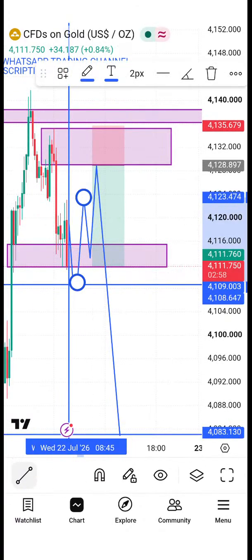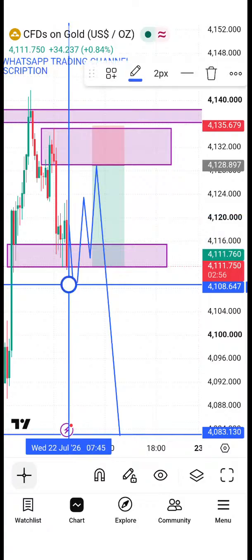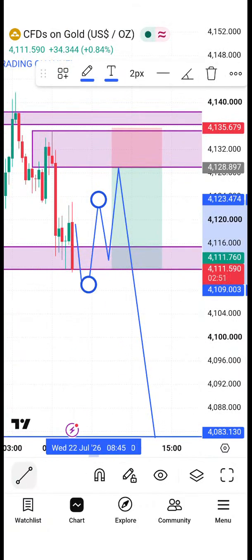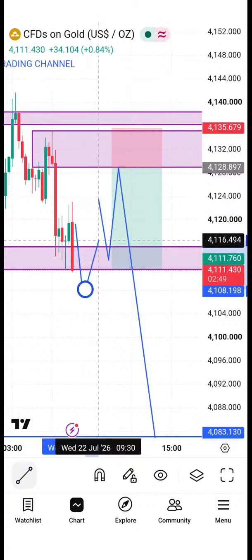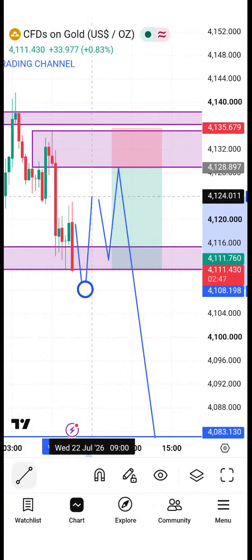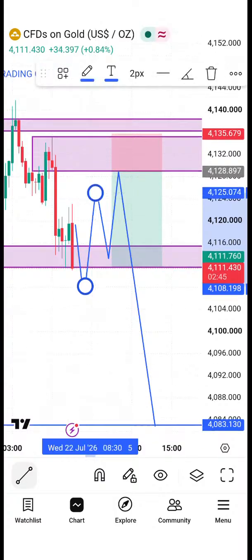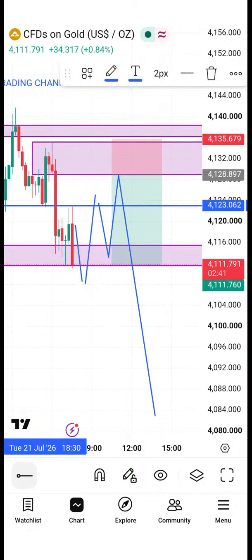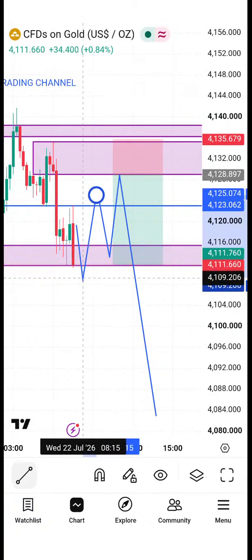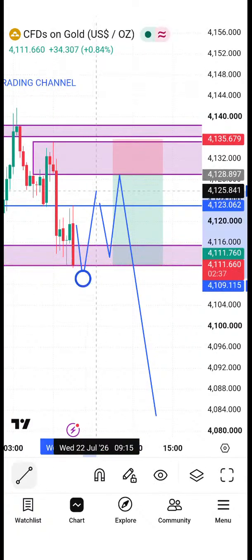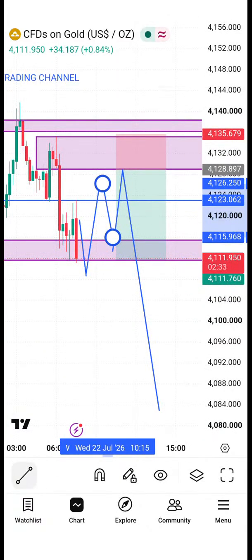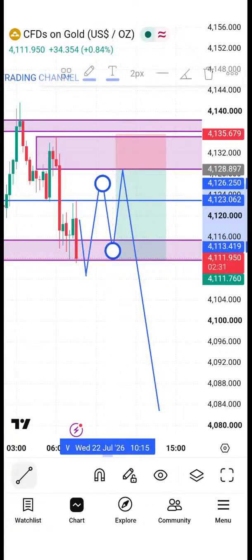And I will only buy if it sweeps liquidity and then it comes back up, breaks this high. Remember, we have a high here. When it breaks this high, then it comes back down again to this area.